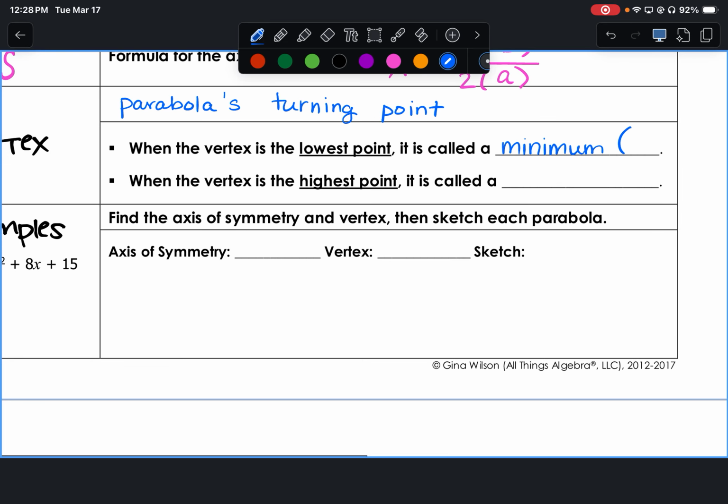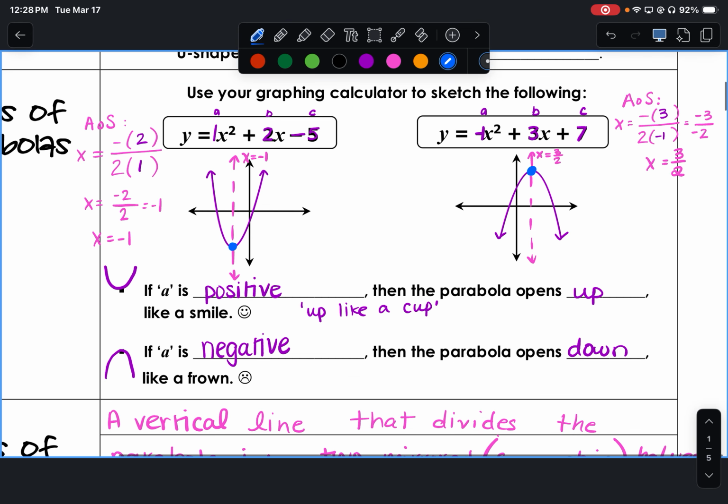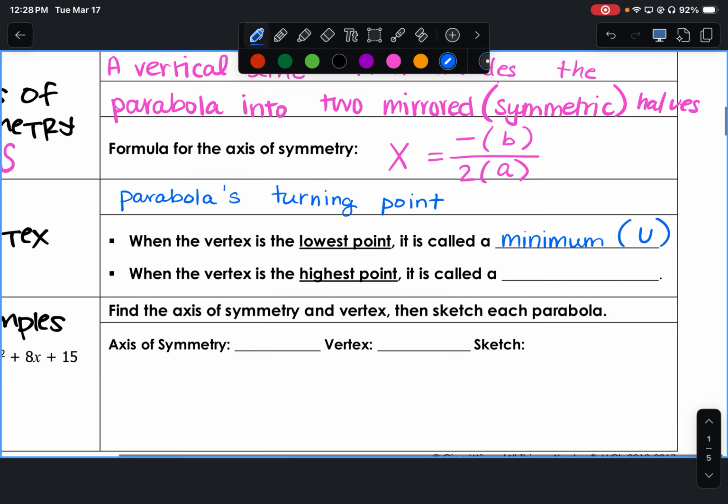And that will only happen when it opens up like a cup, okay? But if the vertex is at the highest point, so if it's at the mountain top of the parabola, that is a maximum, okay? And that will occur whenever it opens down like a frown.